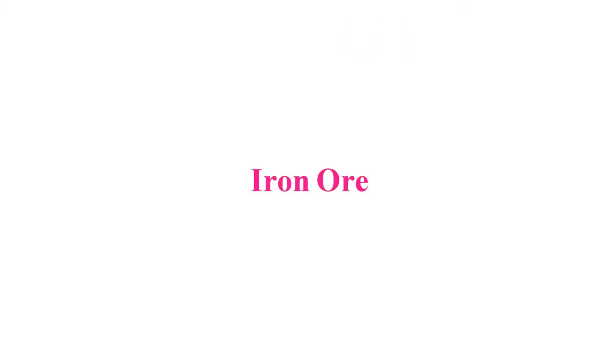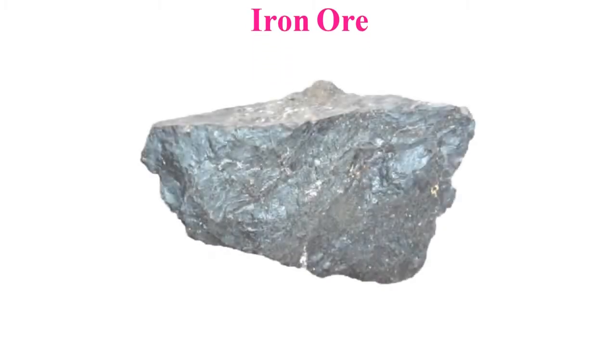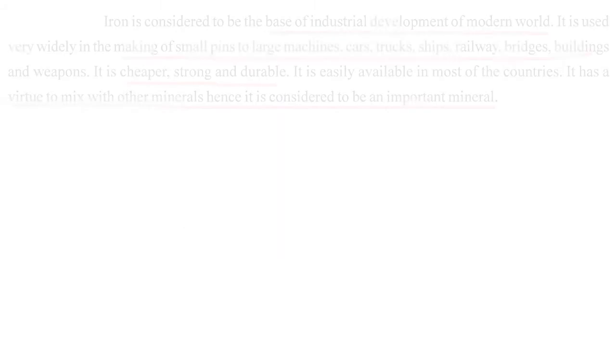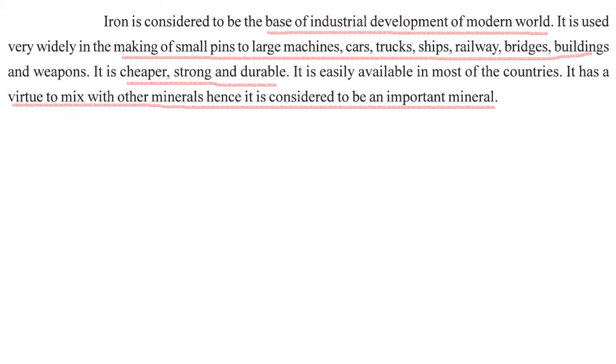We will start with iron ore. This is the picture of how raw iron looks like. After that, it is processed. Iron is considered to be the base of industrial development. That means whatever industries we see today work based on iron.